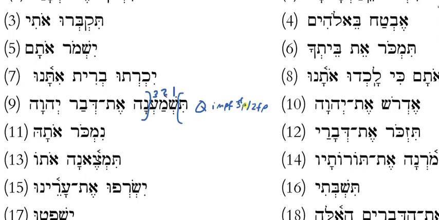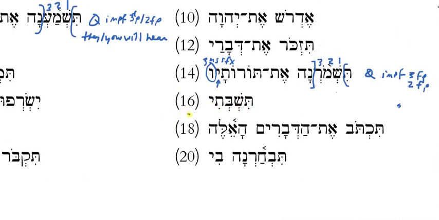We can practice. Look at 16. What's my identifiable verbal root? What are the 3 root letters? Shin, Beit, Tav. Shabbat, right? Shabbat. So I have a Tav in front and a Hiriq Yod on the back end. Which person, gender, number in the imperfect is a Tav Hiriq Yod combination?